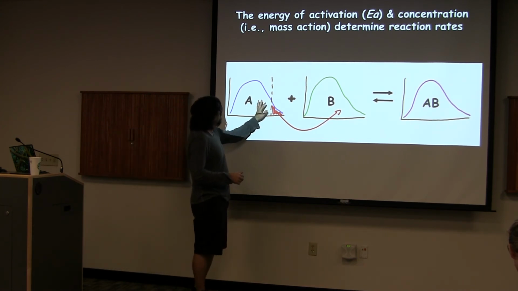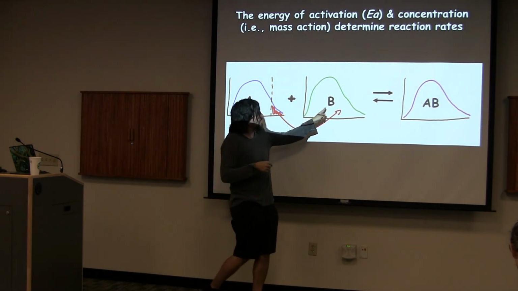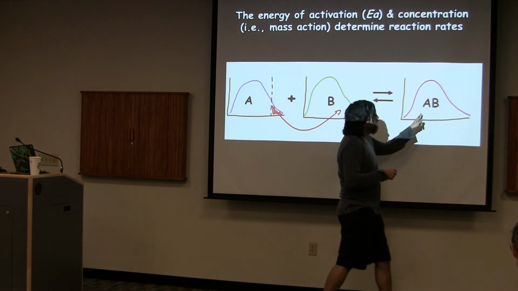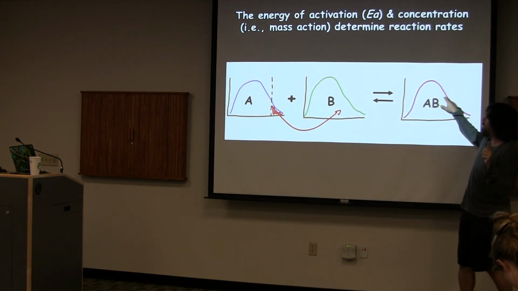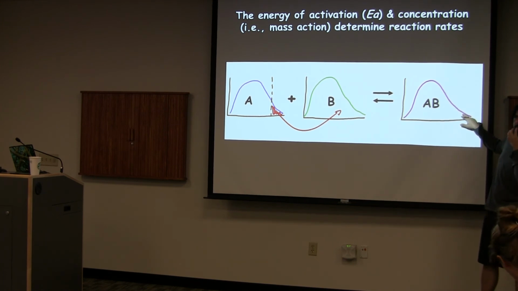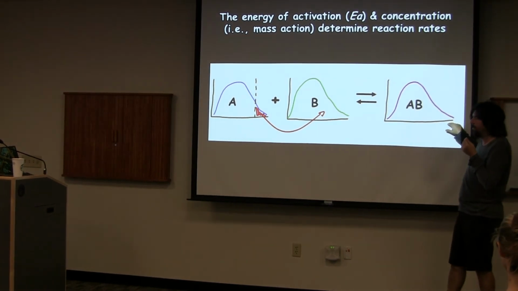So then what you can do is you can get things like this, where you can actually make an attack on this and form this product here. And what's important is that this makes another distribution. So it's distributed again by Boltzmann's constant. This would be described by Boltzmann's stuff. Good?